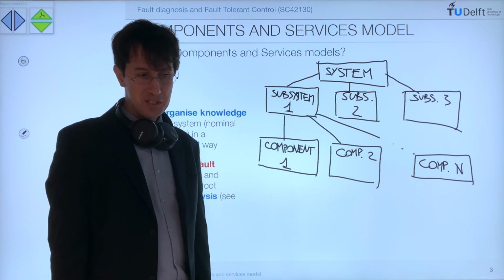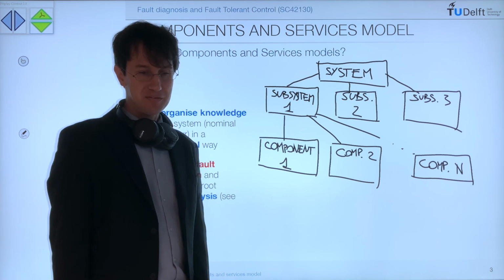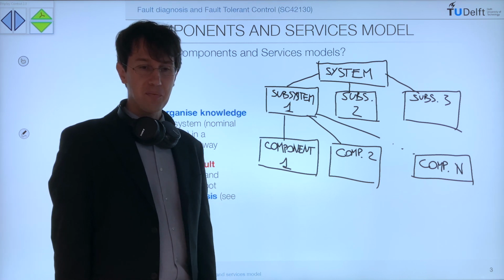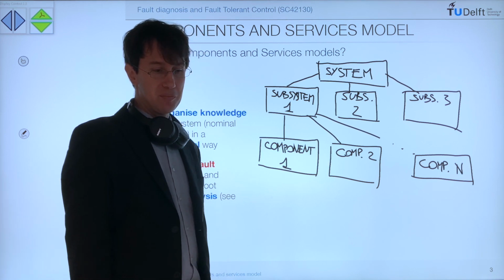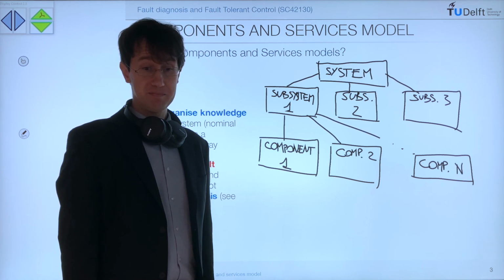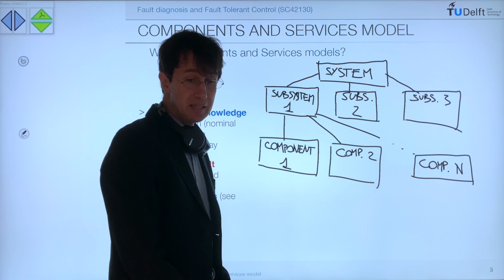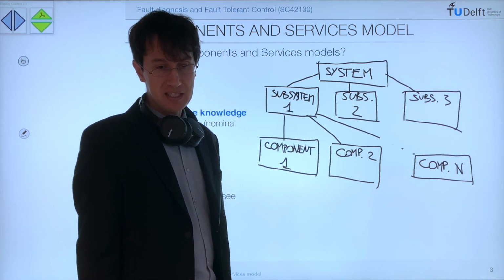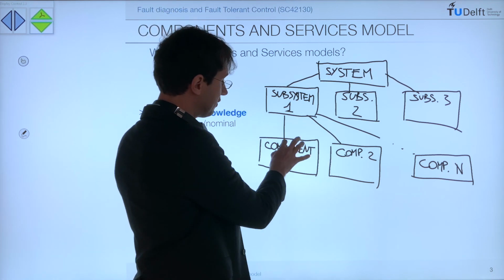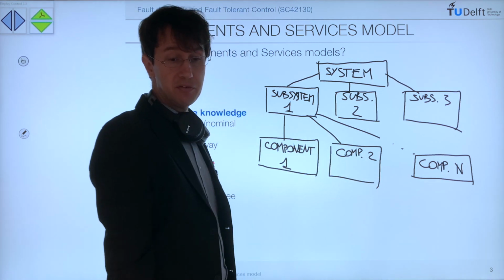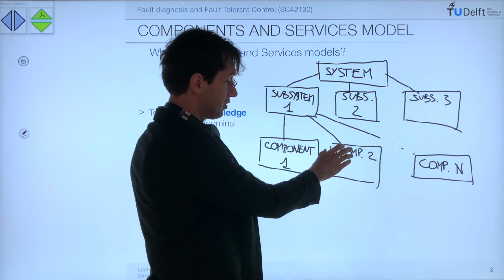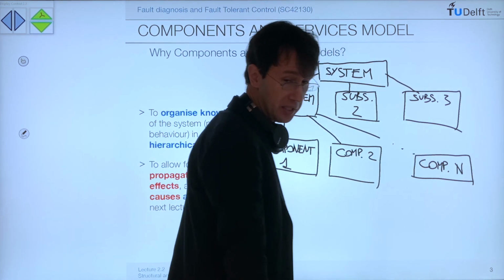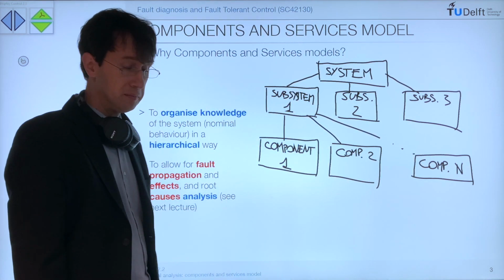Furthermore, each component itself can provide one of a number of possible services. In the example where this subsystem is the measurement, the sensor subsystem, each one of these components can be a different sensor. So we have a temperature sensor, a pressure sensor, a velocity sensor, and so on.